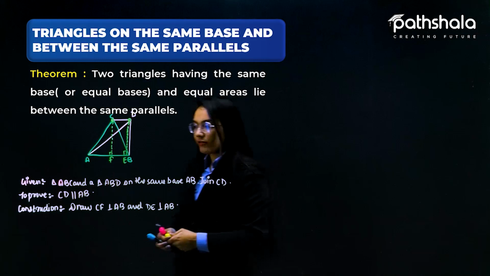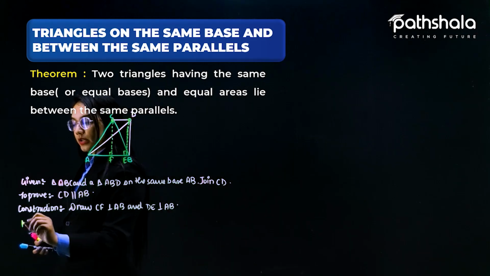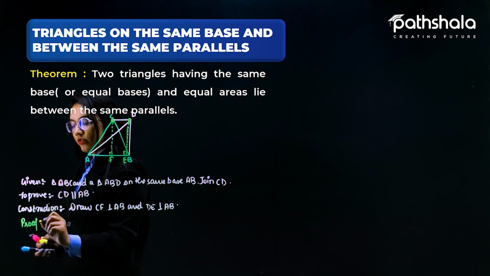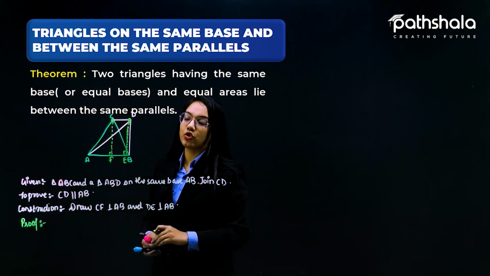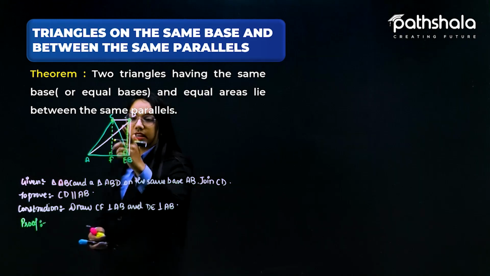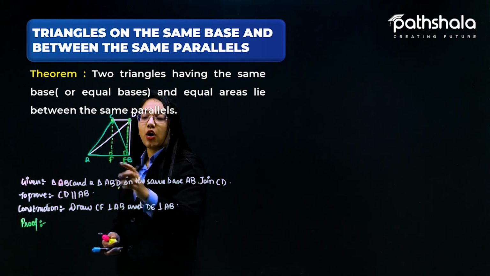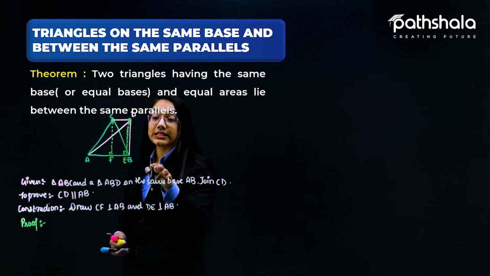Now let's start the proof. First of all, we can see that we have drawn the perpendiculars CF and DE on the same line, that is AB.